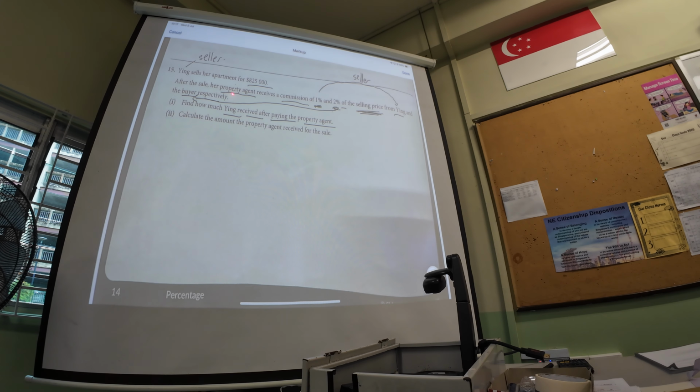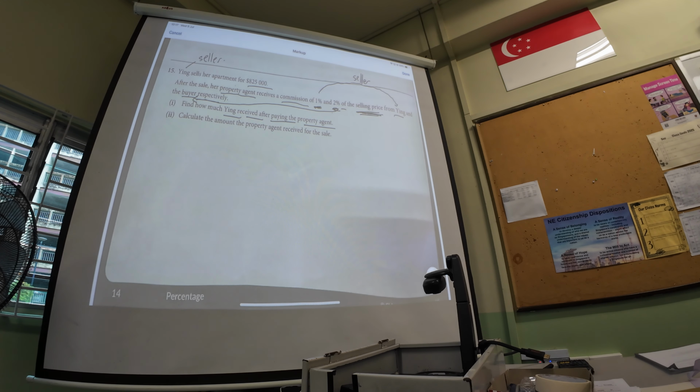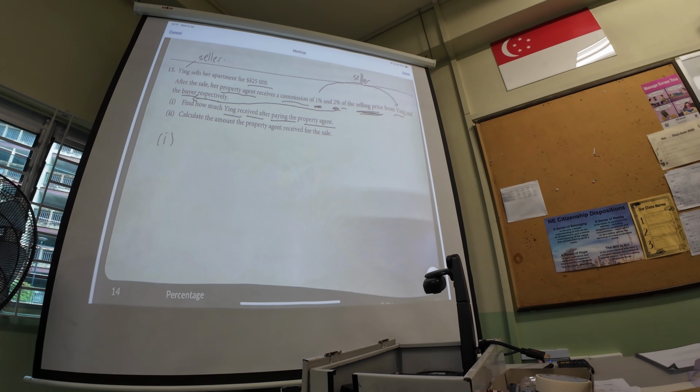So the property agent receives a commission of 1% from the seller. Part 1: how much does the seller receive after paying the property agent? Step by step, it will be easier if we first find out how much the seller pays the agent.